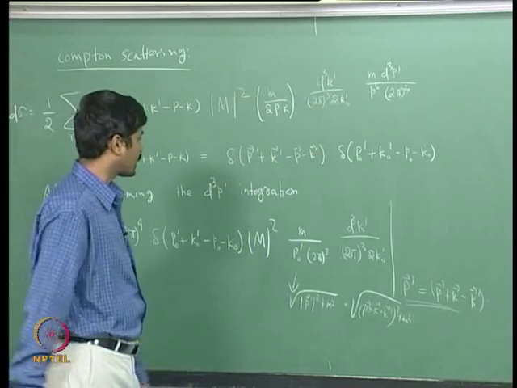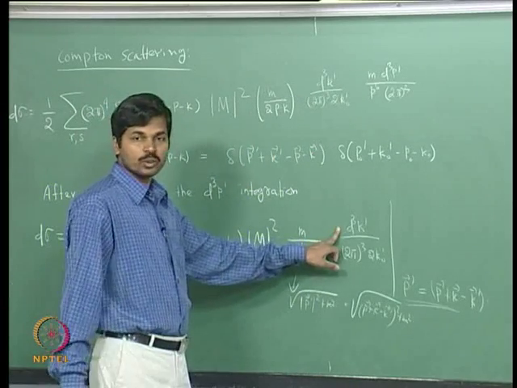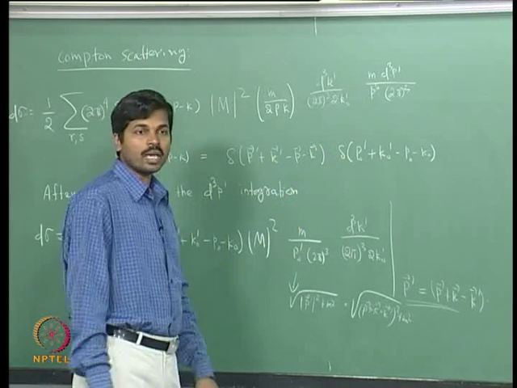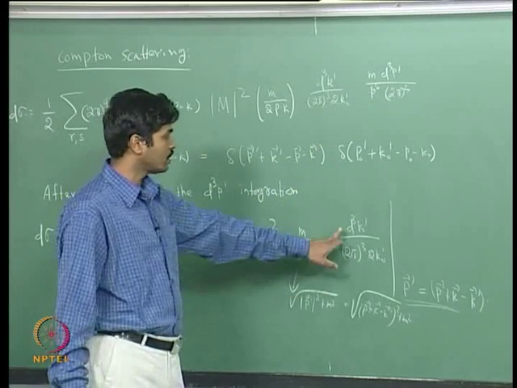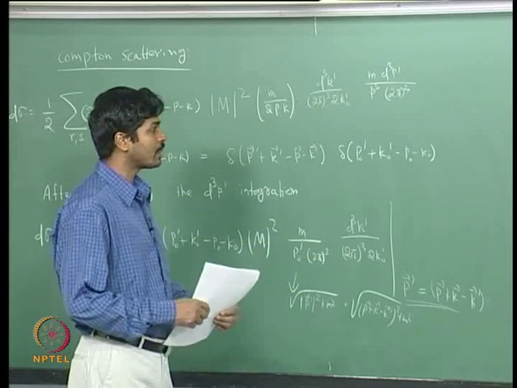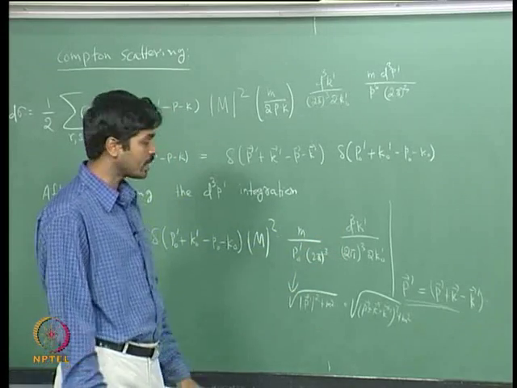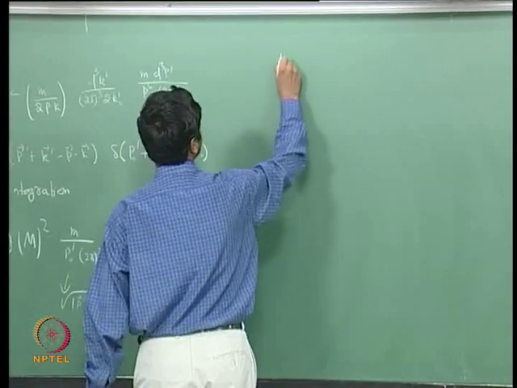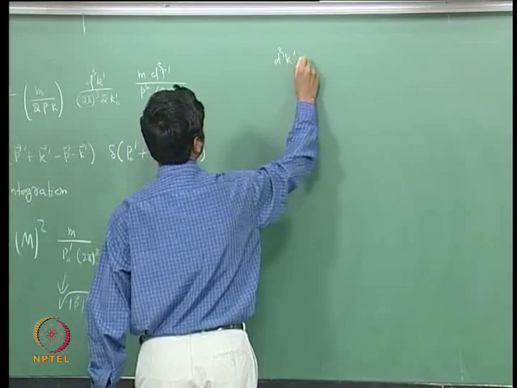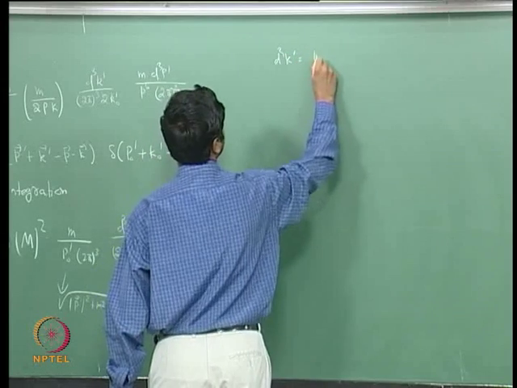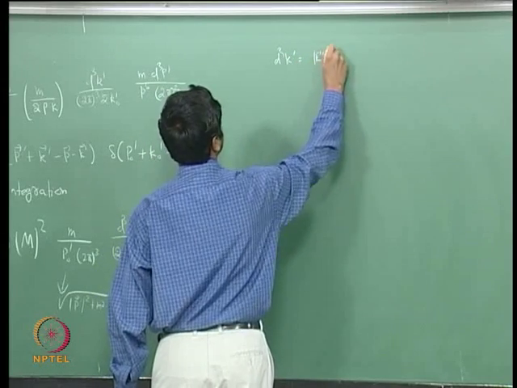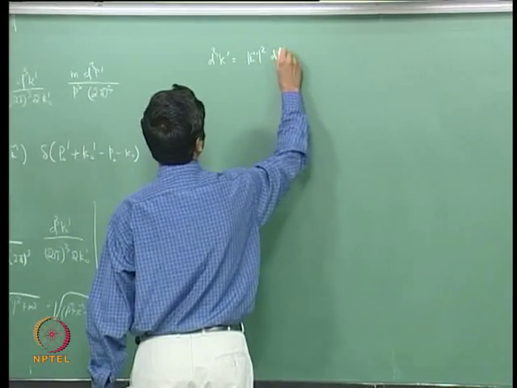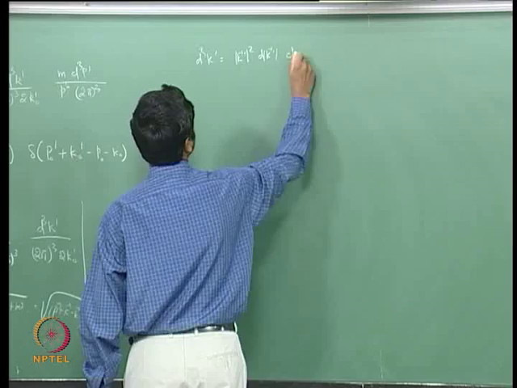Now, what we will do is that we will work in spherical polar coordinates in the momentum space of the outgoing photon. So, the d^3k prime we will write in spherical polar coordinates. What we will get is d^3k prime is k prime square d mod k prime d omega.